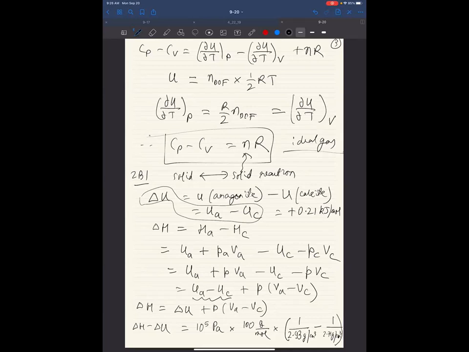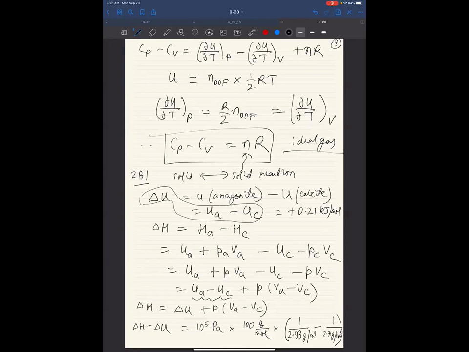Volume is area multiplied by length, right? So area cancels. We are left with force multiplied by length. That is the correct unit of energy, right? So we are on the right track. Dimensional analysis is something in physics and in physical chemistry or chemistry, it's good to do all the time to make sure you're not missing out on something. And all of this will be divided by mole because we are interested in the molar enthalpy, not the total enthalpy.